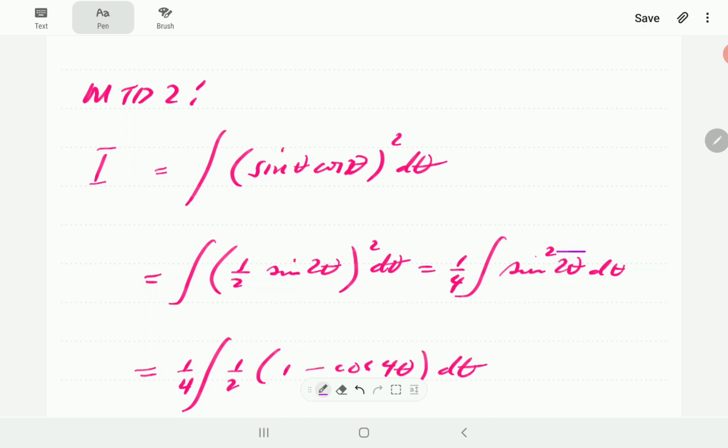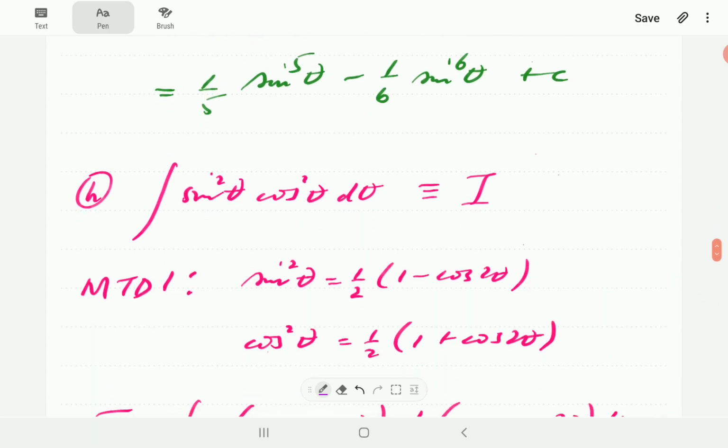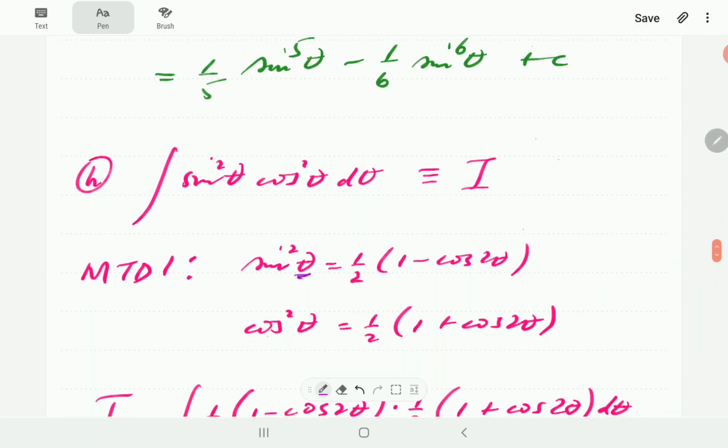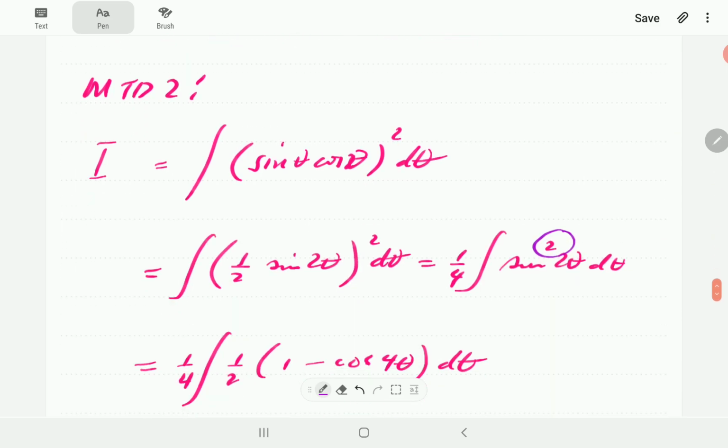So we're going to have sine squared 2 theta here, and then again, if sine squared theta is this, then sine squared 2 theta is going to be 1/2 into 1 minus cosine 4 theta. So if you double this, you also double that.